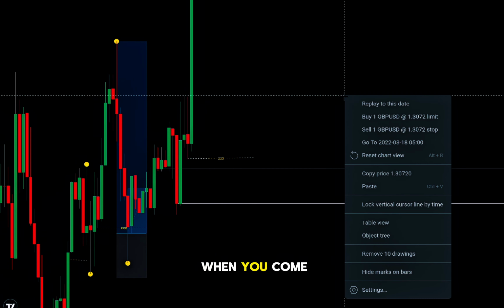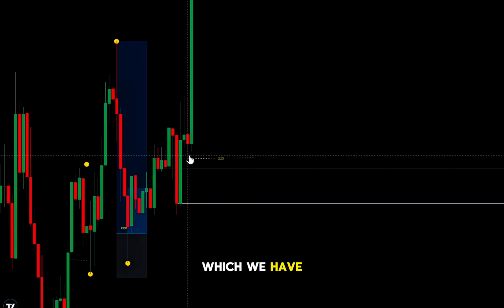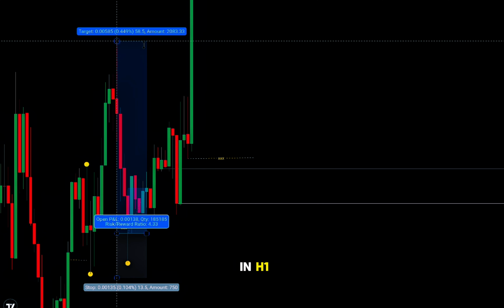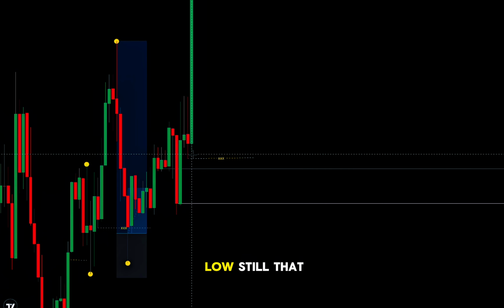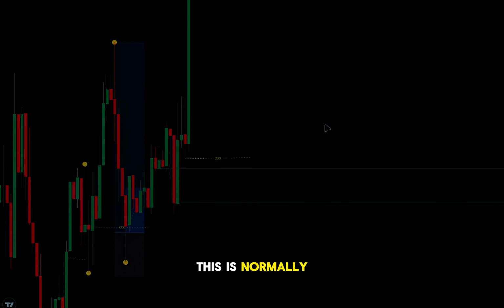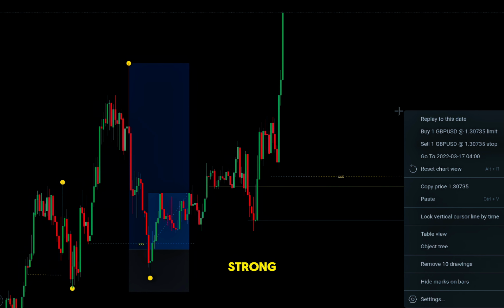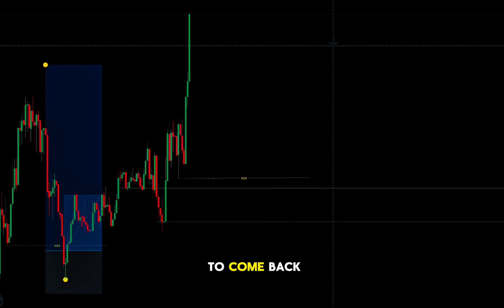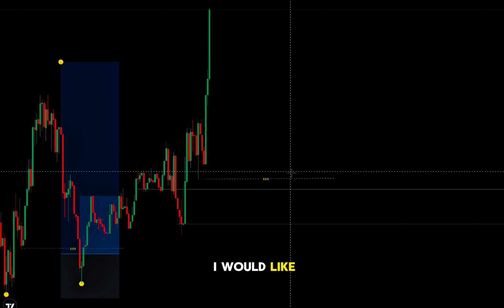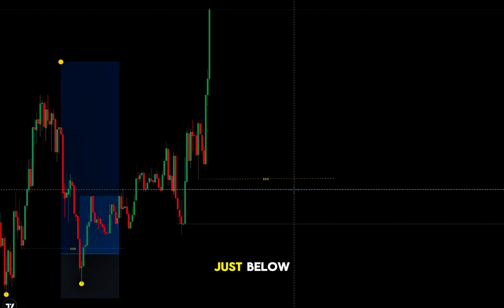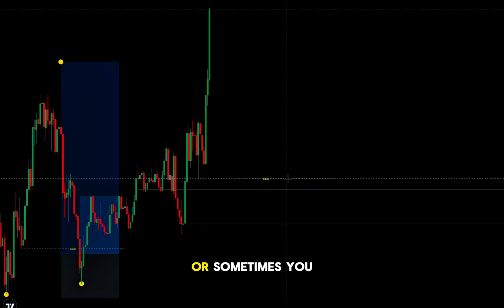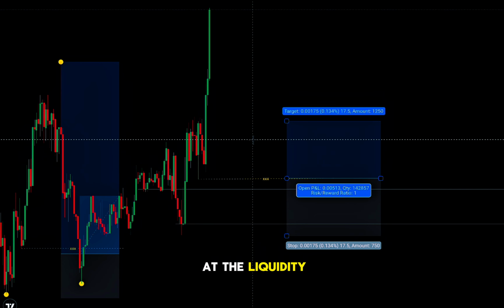And sometimes too, when you come here, you can see this low which we have marked as liquidity in H1 is still the low, still that same low. This is normally a very strong low that the market would like to come back for. In this case, I would like to enter here just below, or sometimes you can just enter at the liquidity.